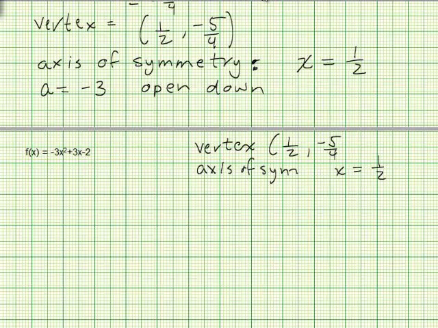And we know that this is our function again, and we also know that f of x equals negative 3 times x minus 1/2 squared minus 5/4. And now we're going to find our y-intercept.